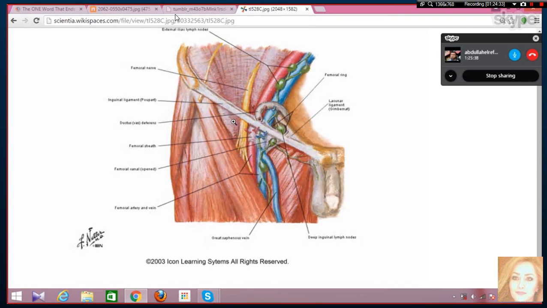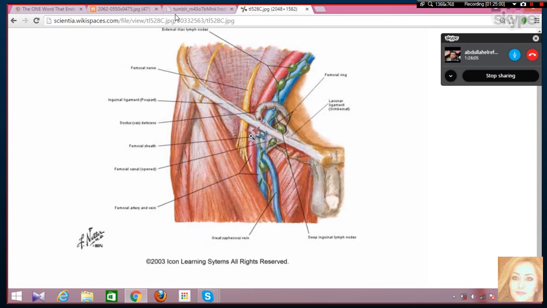Iliopsoas. I'll tell you later, just memorize it. Now we will say in pelvis what iliopsoas is. What is the nerve? Femoral nerve. Lacuna vasorum, blood vessels.